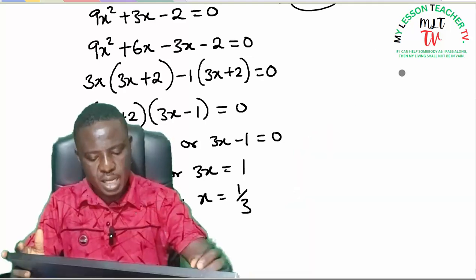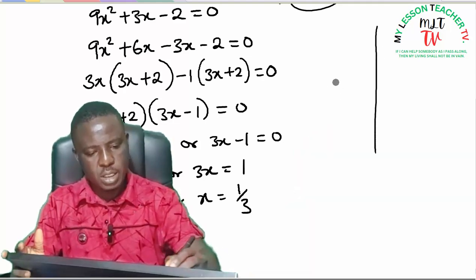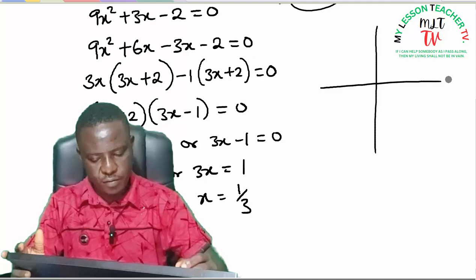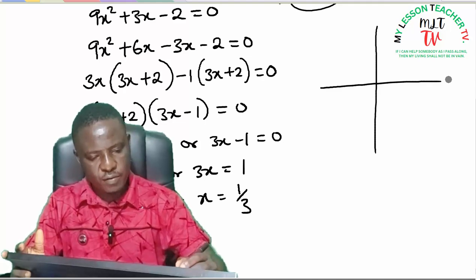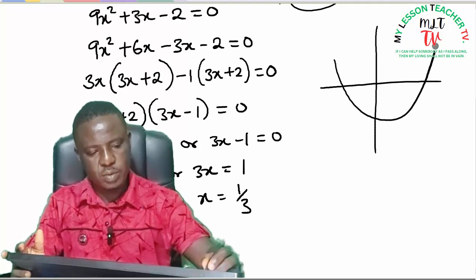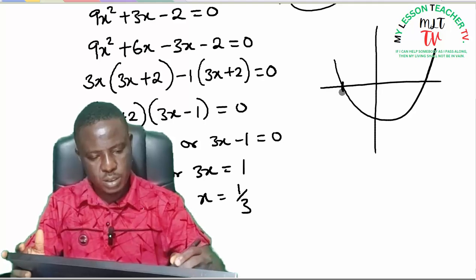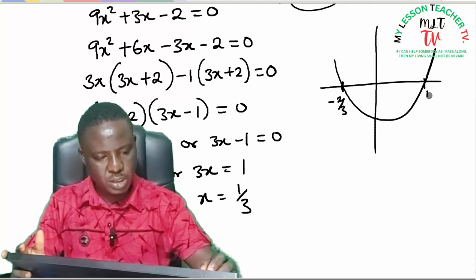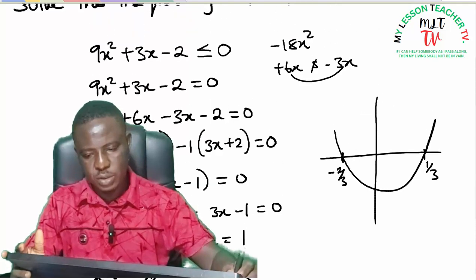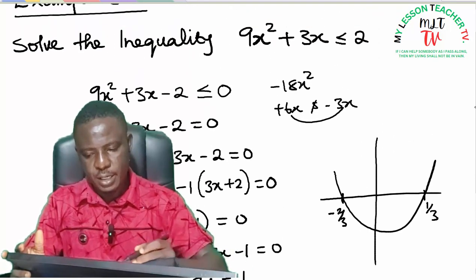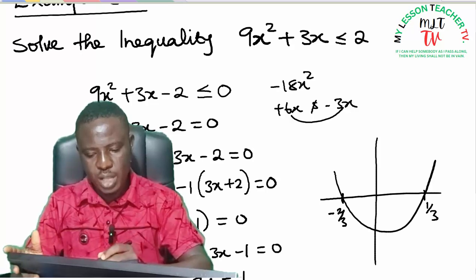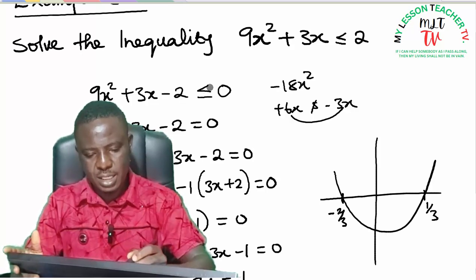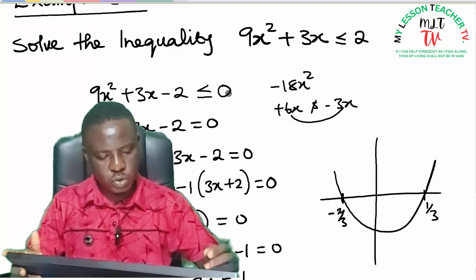So when you represent that on the graph, you are going to have something of this kind, where this point, the intercept, is at minus 2 over 3, and the intercept at this point is 1 over 3. So the question says we should solve the inequality where this is less than or equal to 0.